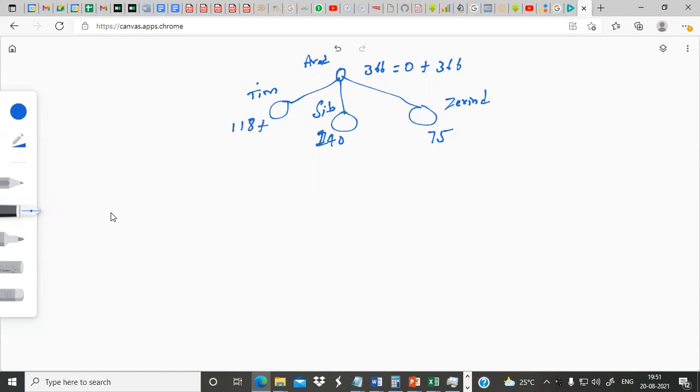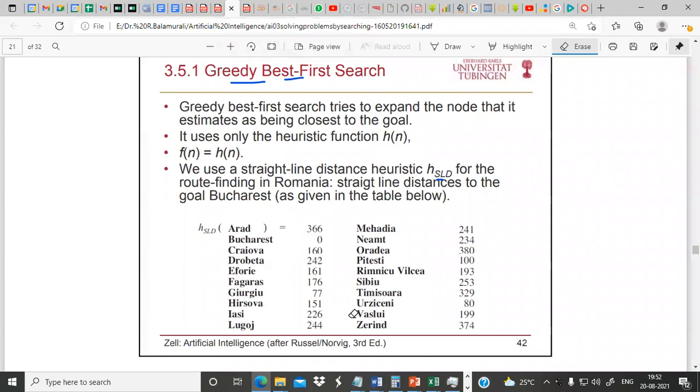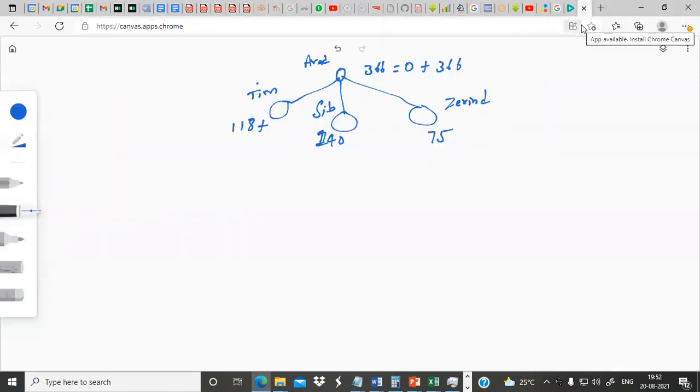And what is the h of n for Timisoara? That is the estimated cost of reaching from Timisoara to Bucharest, which is 329. So 118 plus 329 will be the f of n value.